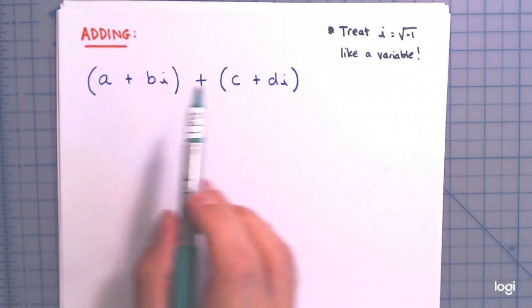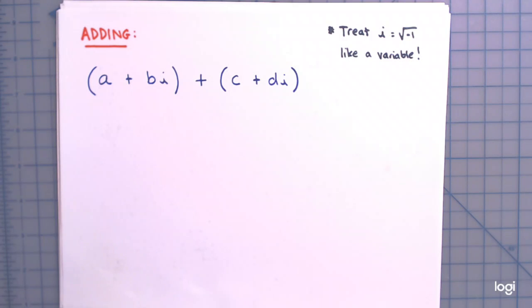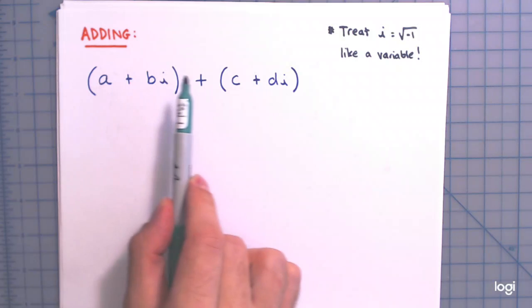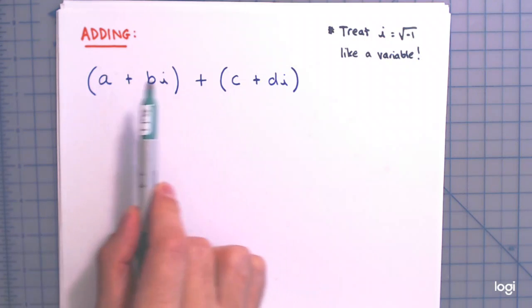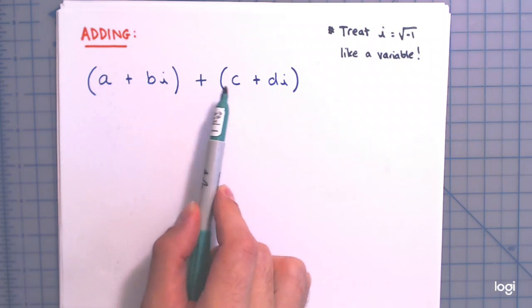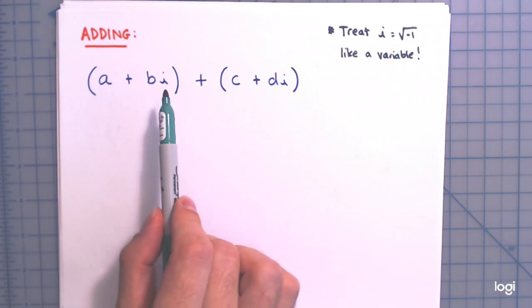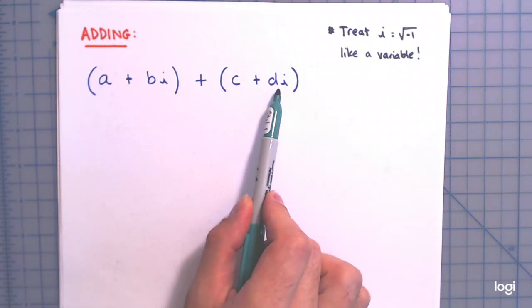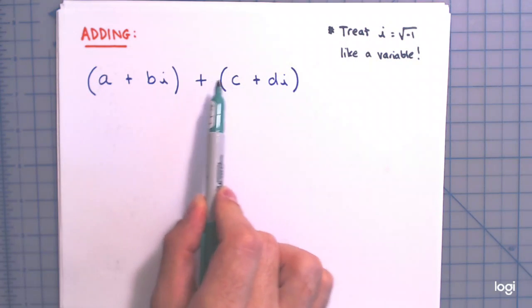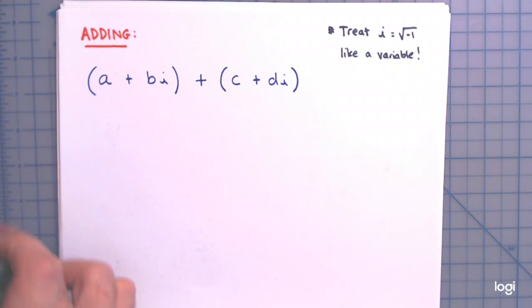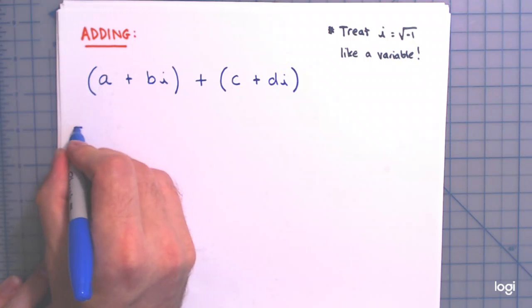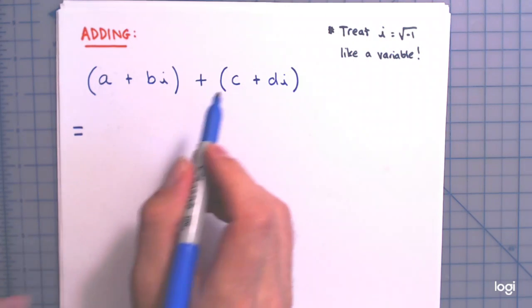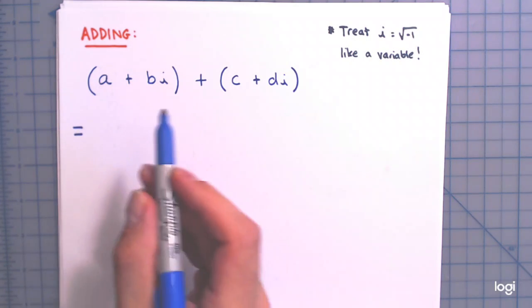So when you're adding, you can only combine like terms, so terms that don't have i attached, so the a plus the c will go together. And then the terms that do have i attached, the bi plus the di, I'll also be able to combine those.